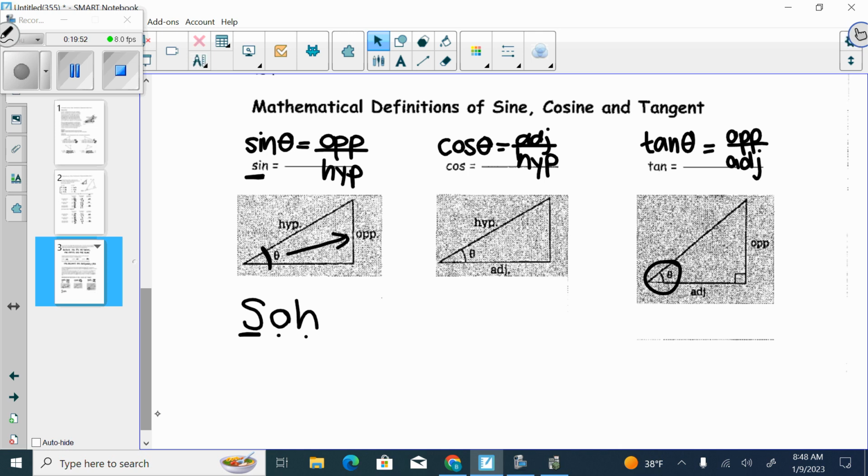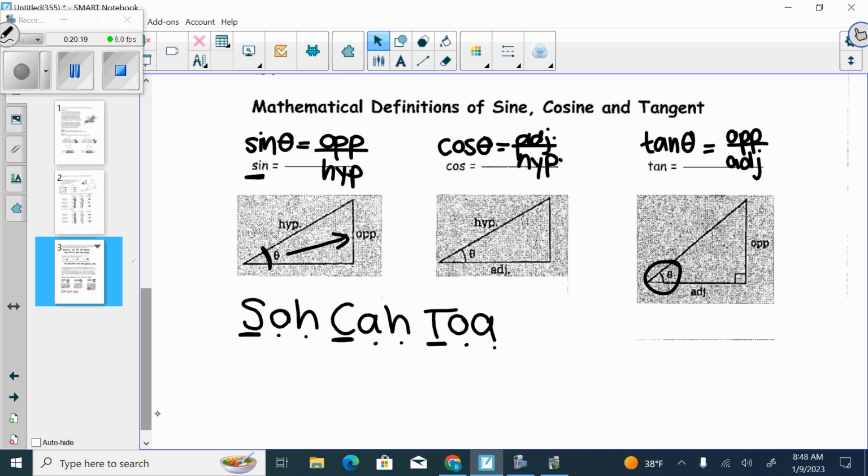The next part of the acronym is the CAH, C-A-H, which is cosine is equal to adjacent over hypotenuse. Okay, and then the last part is TOA. T-O-A. This is tangent is equal to opposite over adjacent.